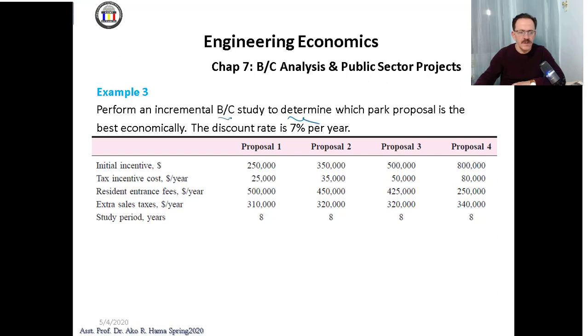Here sometimes they will call it the discount rate, and whenever you see discount rate, it means that the method used for analyzing should be the delta B over delta C ratio. And we have 7% per year, and perform an incremental B over C study to determine which park proposal is best economically.